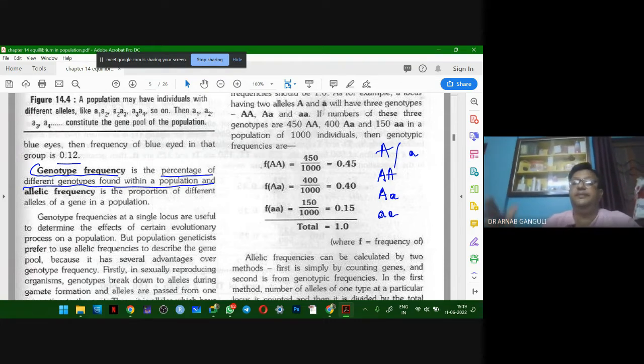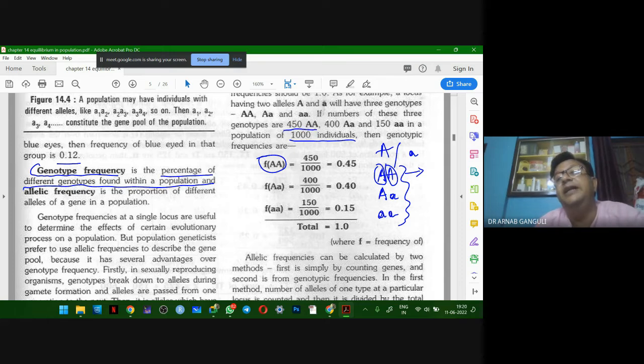So these are the three different types of genotype. Genotype means one allele coming from father, one coming from mother, and both of them form the genotype. Now think about the frequency in the population. If you think of a population of 1,000 individuals, out of that 450 are capital A capital A, 400 are capital A small a, and 150 are small a small a.